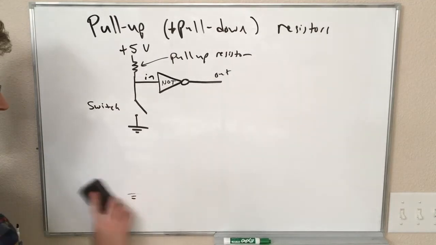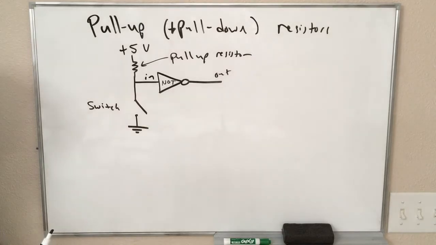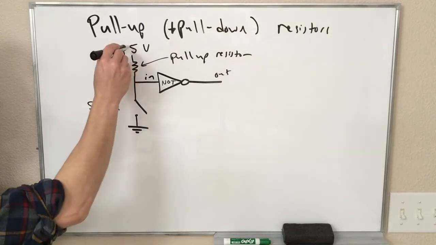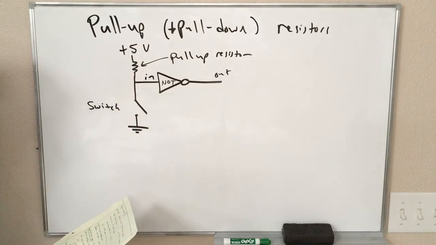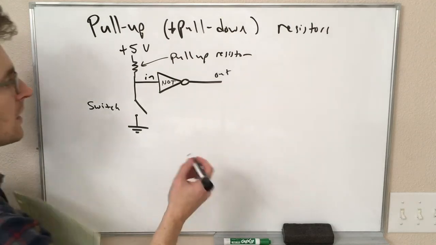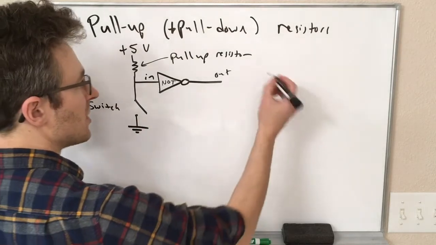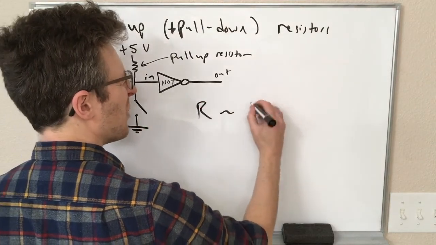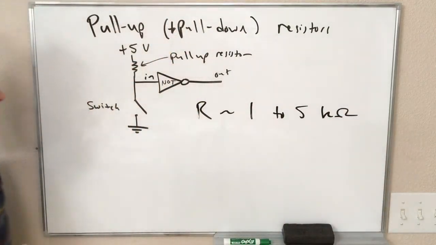So this is good. This is doing a couple things. This is removing the ambiguity of what's happening when this switch opens and closes, and it's also limiting the amount of current that is flowing from plus 5 volts to ground when this switch is closed. So for TTL circuits, for the currents and voltages that are commonly used, typical values might be 1 to 5 K resistors.